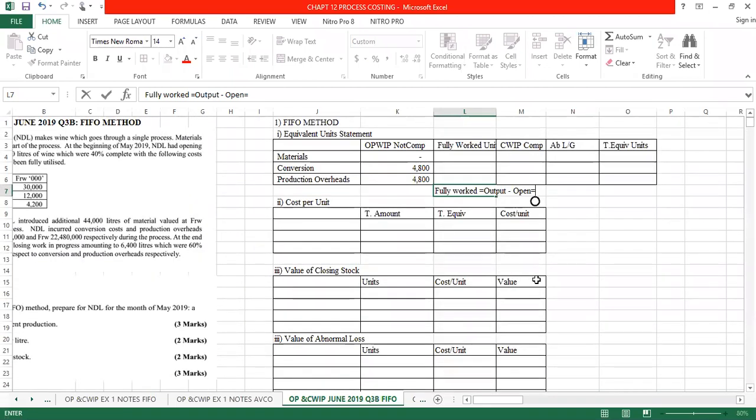That is the opening, which gives you whatever value you get.